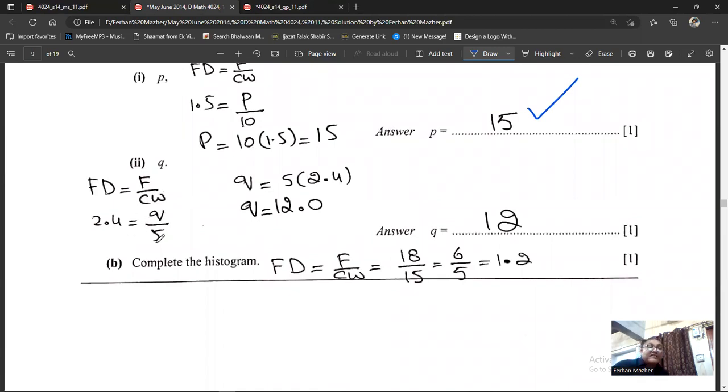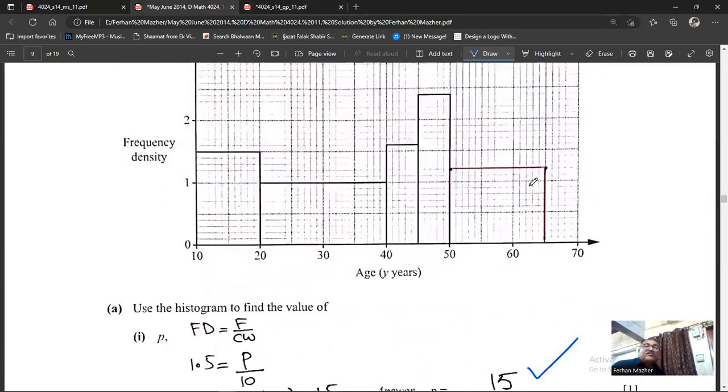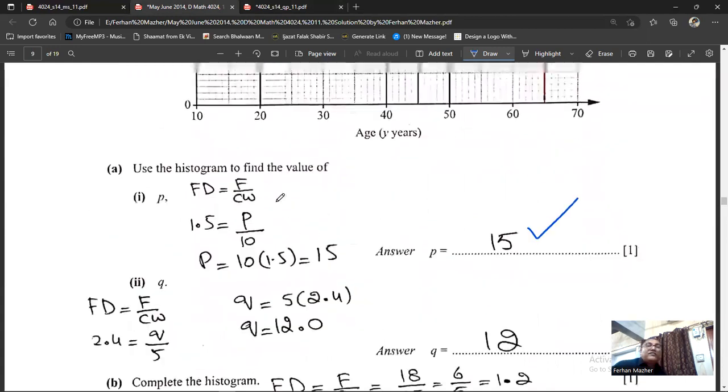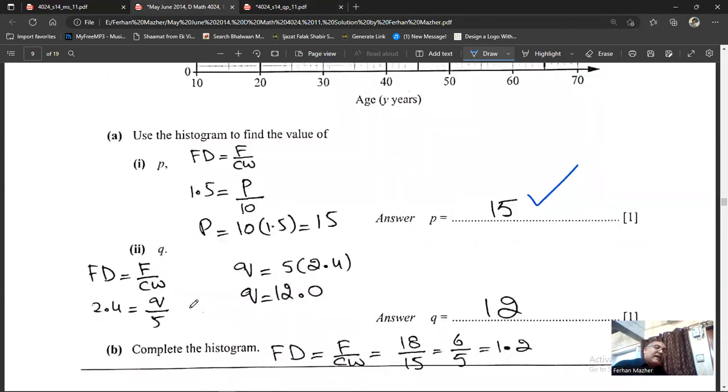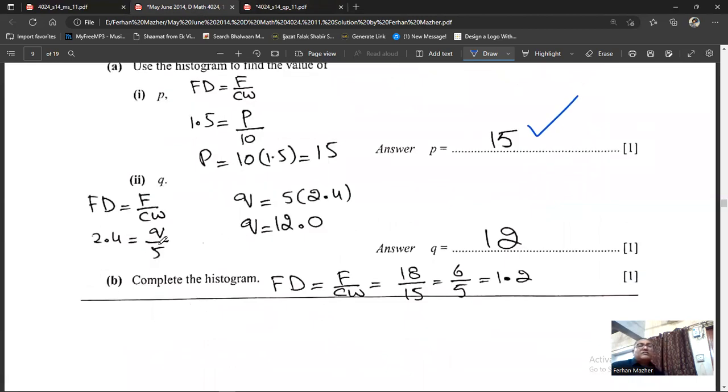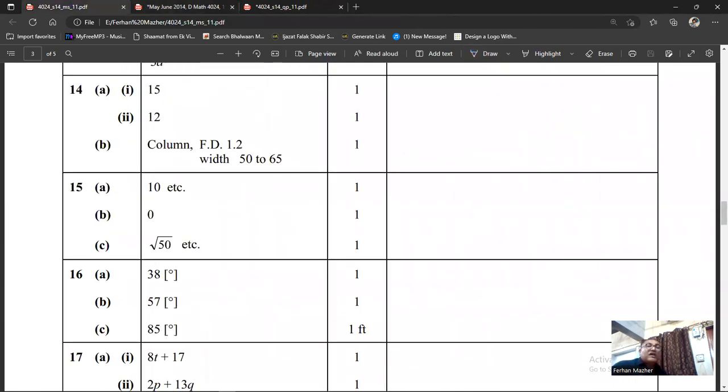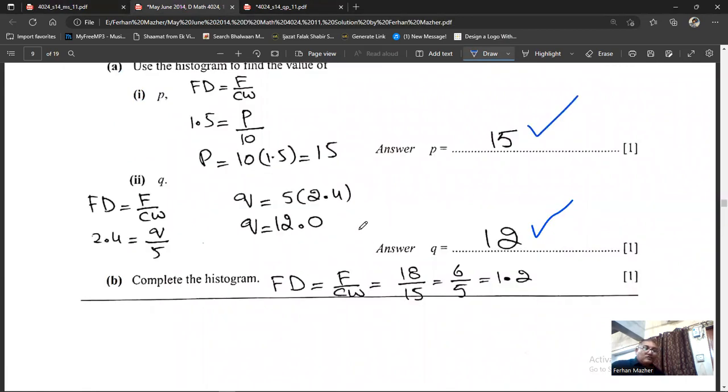From the histogram, I can tell you the class width is 5, and this is 2.4. So 2.4 multiply 5, so Q will be equal to 12. So the Q value is 12. Our answer is right.